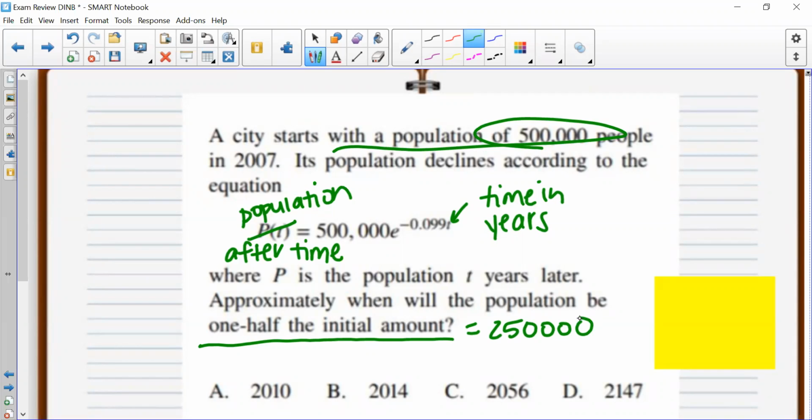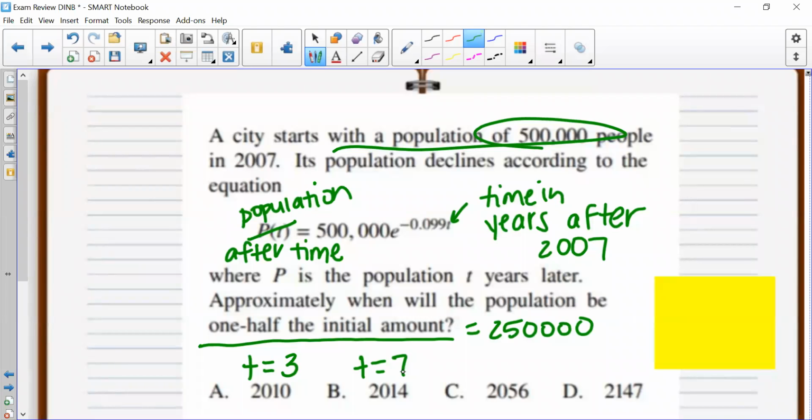What we need to look at is that T is time in years after 2007. So for instance, 2010 is 3 years after 2007, so 2010 represents T equals 3, just by subtracting. 2014 is 7 years after 2007, so that represents T equals 7.